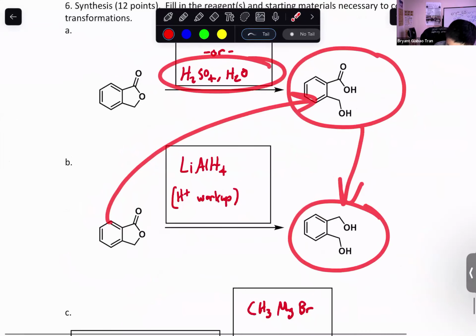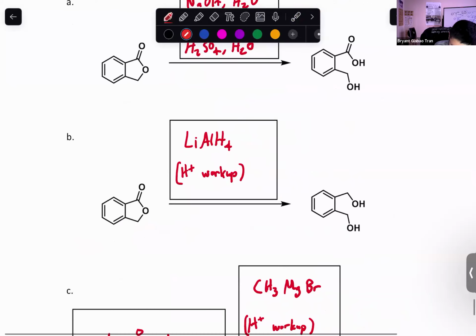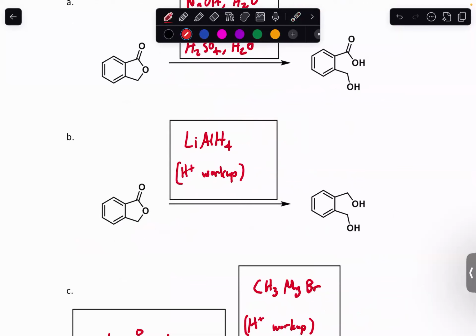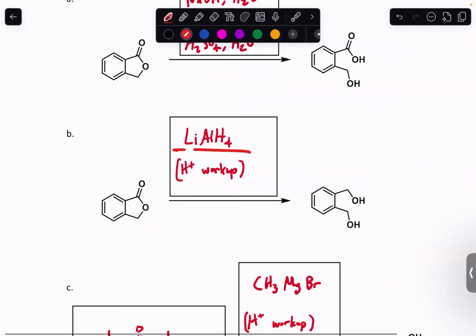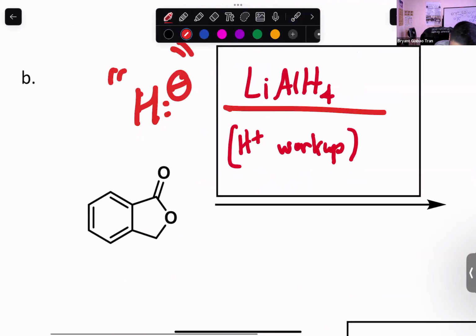But we could have just done it in one step with lithium aluminum hydride, because when you think of lithium aluminum hydride, what is the atom you think of that has the negative charge? Well, you think of the hydrogen having a negative charge. Yep, the hydrogen with the negative charge is called the hydride ion, right?